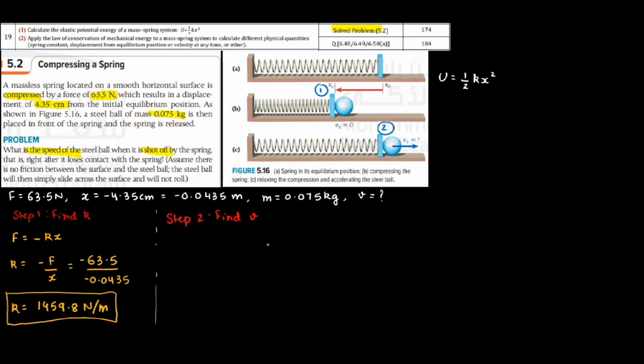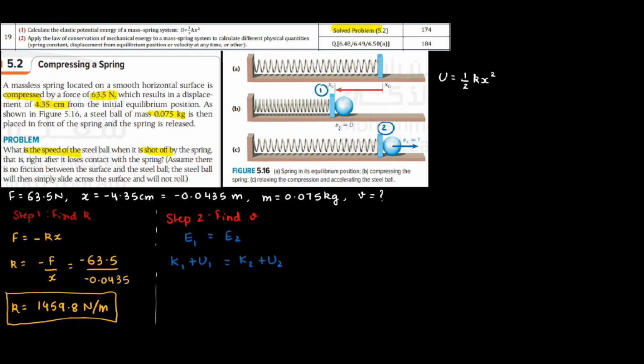According to law of conservation of energy, total energy at 1 must be equal to total energy at 2. Total mechanical energy is nothing but sum of the kinetic plus potential energy. So kinetic plus potential energy at 1 must be equal to kinetic plus potential energy at 2. Now let us understand what kind of energy is present in each part.